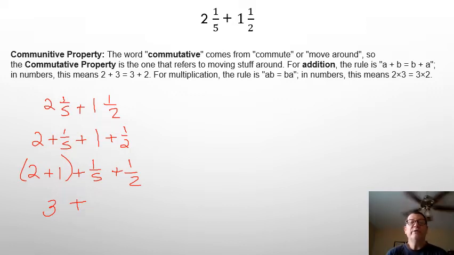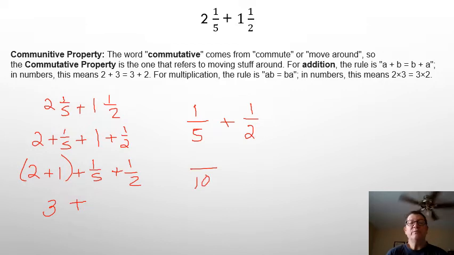From what we've seen in the previous lesson, if I'm adding 1/5 plus 1/2, I would multiply 1/5 by 2 over 2. So 2 times 1 would be 2, and 2 times 5 would be 10.